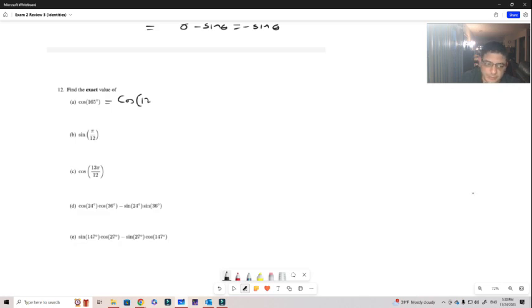So you can have 120 and 45, right? And you should be able to then apply the formula of the cosine of the sum. This is cosine of 120 times cosine of 45 minus sine of 120 sine of 45.